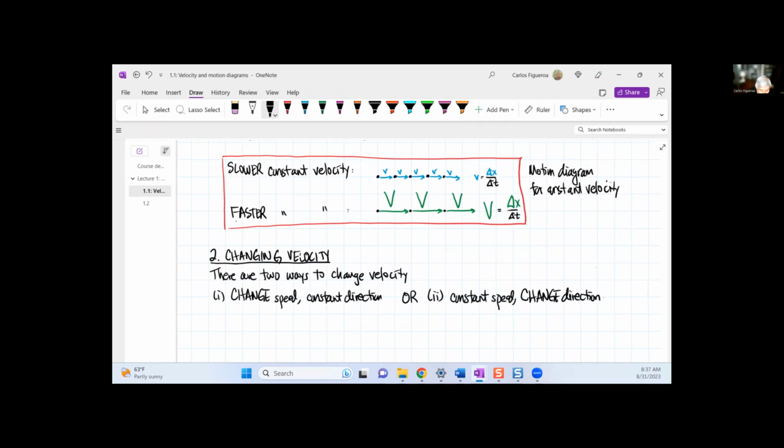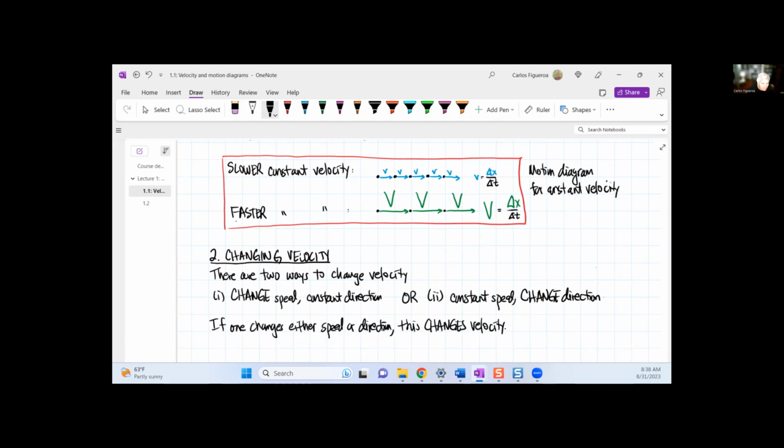The fact that you define velocity as magnitude and direction, speed and direction, means that if one changes either speed or direction, this changes velocity.